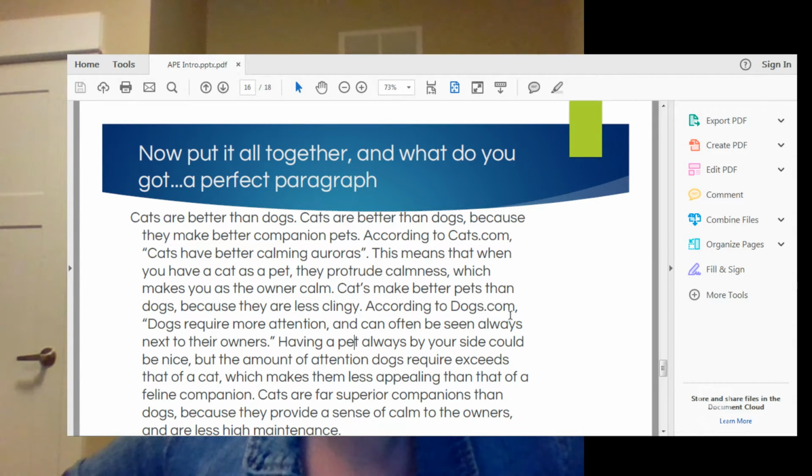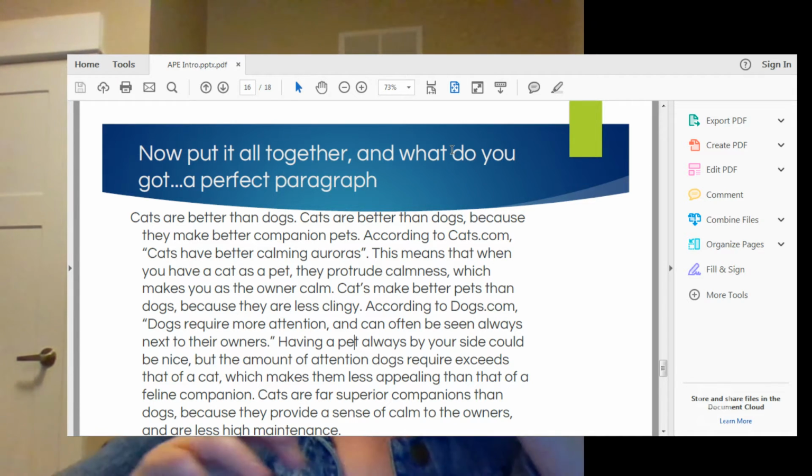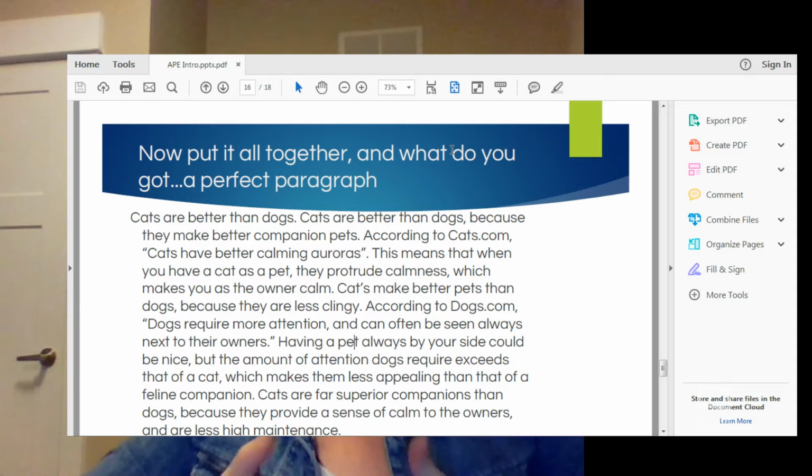Having a pet always by your side could be nice, but the amount of attention dogs require exceeds that of a cat, which makes them less appealing than that of a feline companion. Cats are far more superior companions than dogs because they provide a sense of calm to the owners and are less high maintenance.